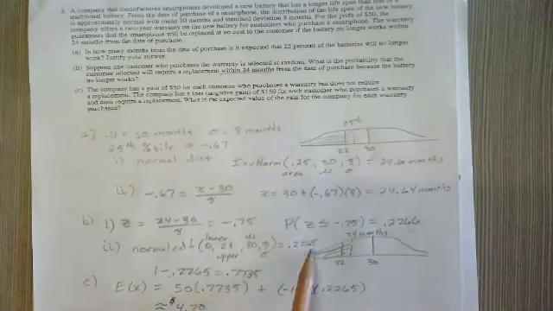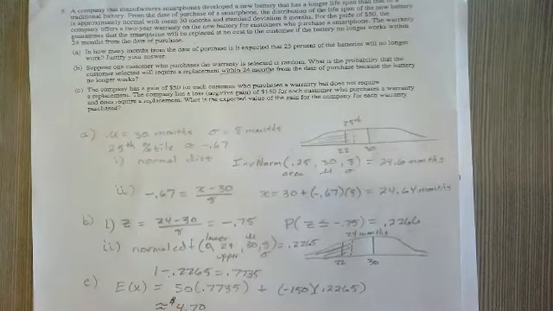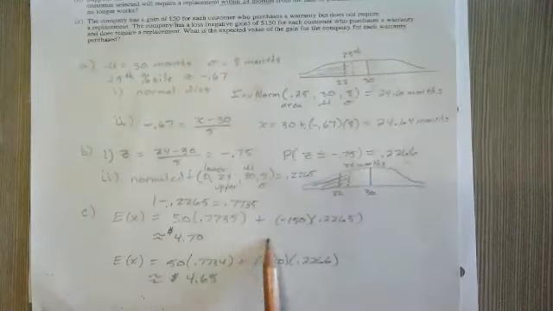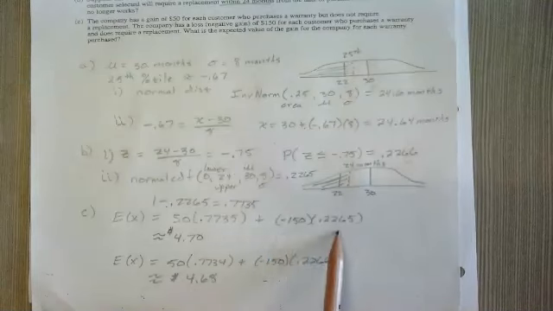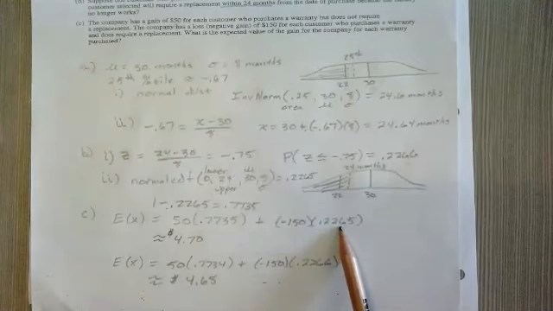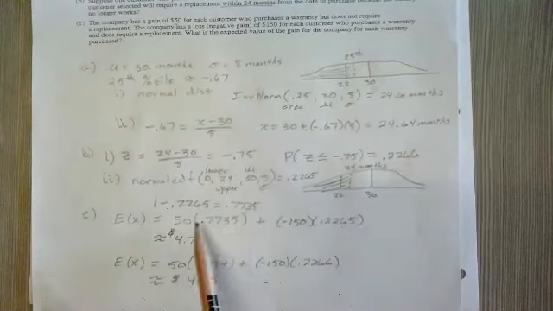I went ahead and went with these two. So that's my P, that's my success. This is my failure. Success, I multiply times $50 plus my failure times a negative 150 times the probability of failure. And I add those two together and I get $4.70.